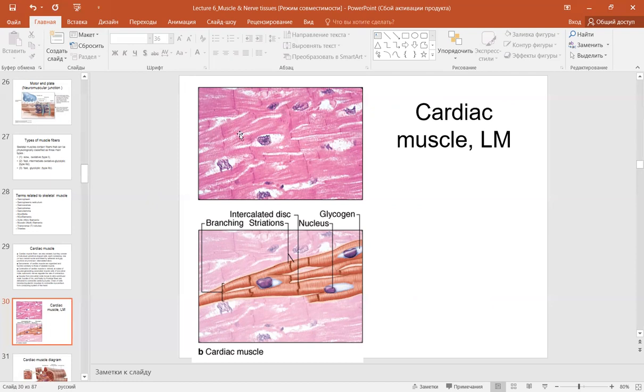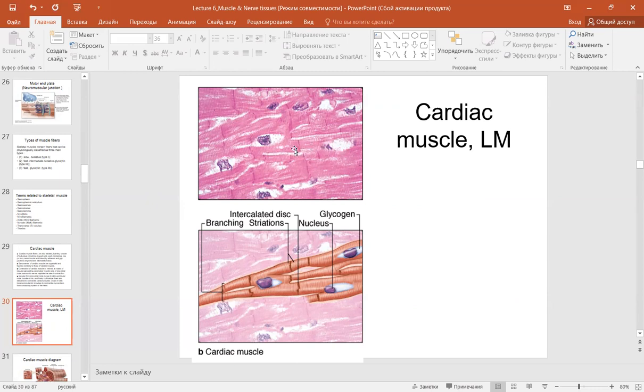Cross striations are visible, a relatively faintly staining arrangement of the light and dark bands. The nucleus in the central position of the contractile cardiomyocyte, and lipid inclusions, glycogen inclusions in the cardiac muscle cells.